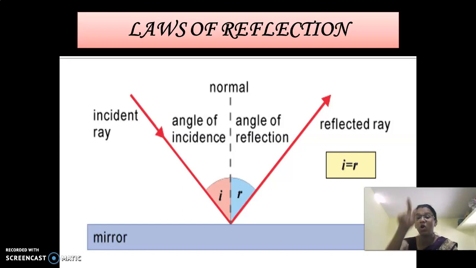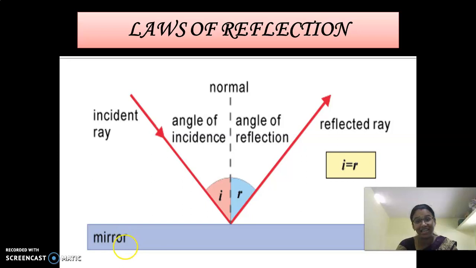And then we draw a line called the normal line, which is perpendicular to the mirror. I told you what is meant by parallel and perpendicular, right? This is called the normal line.